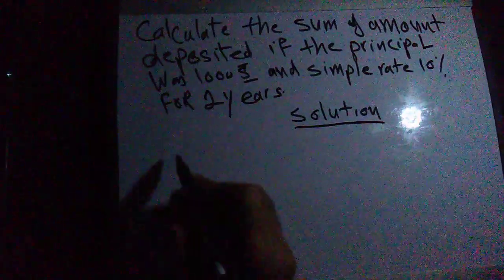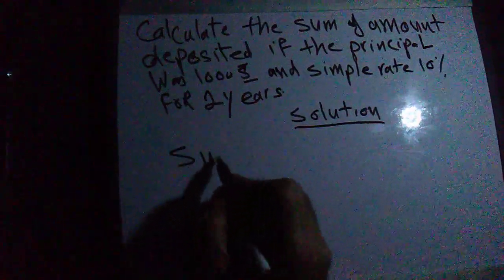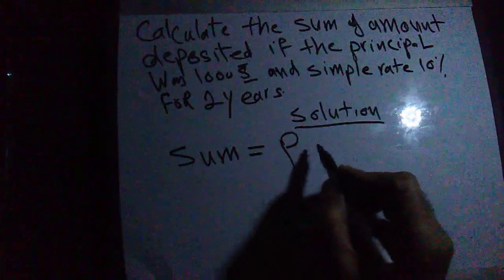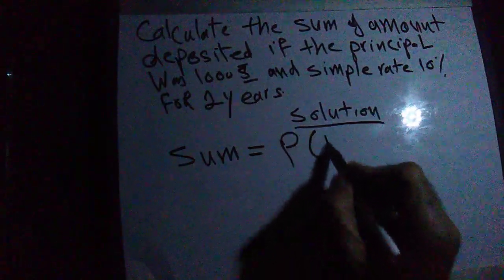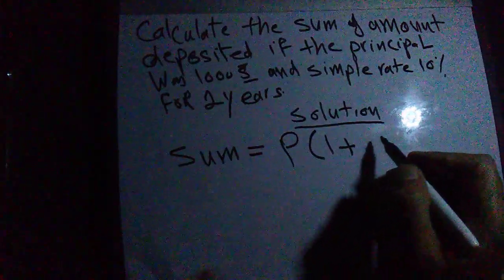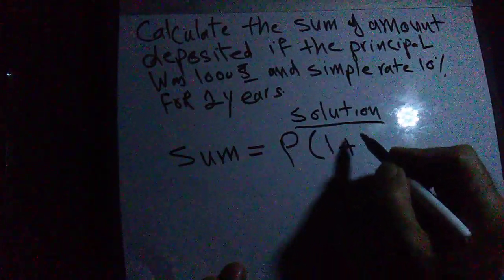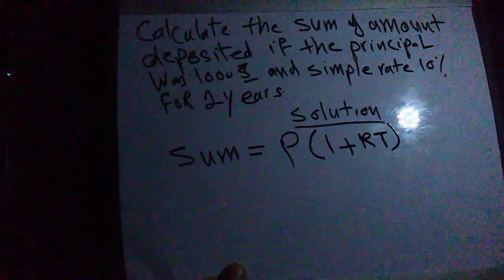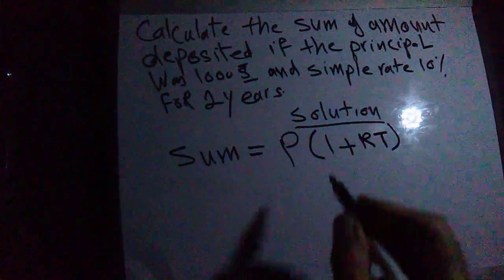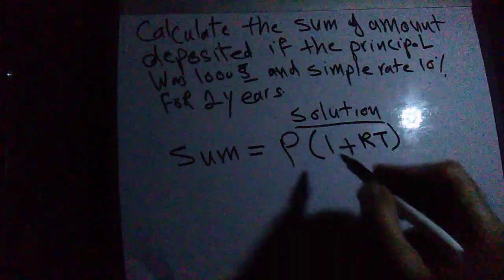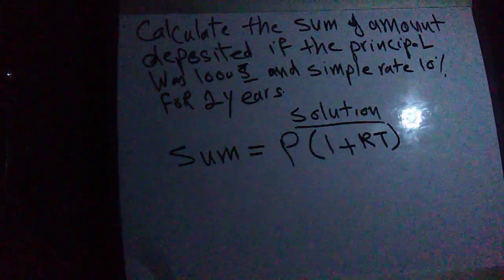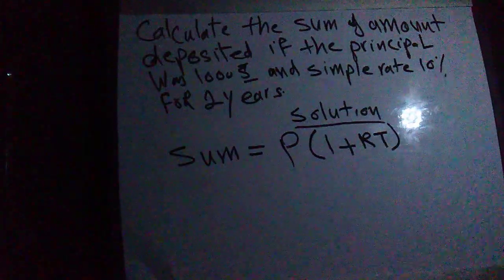You told me that the sum equals P multiplied by 1 plus the rate multiplied by the time, P(1 + RT). And that's what I was talking about just now.